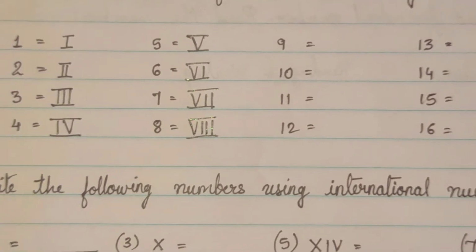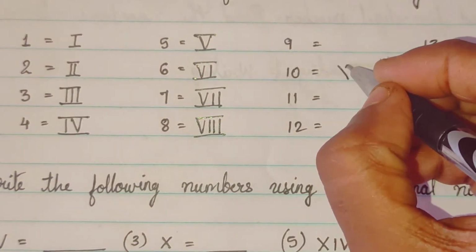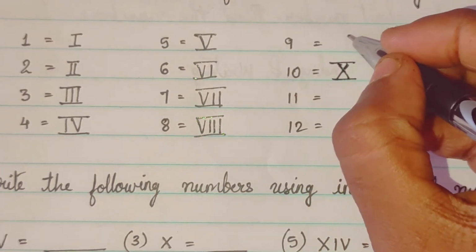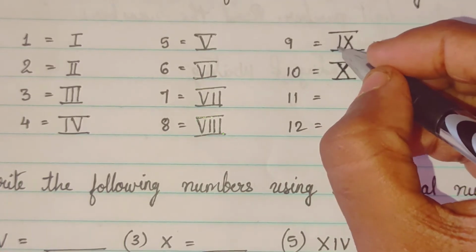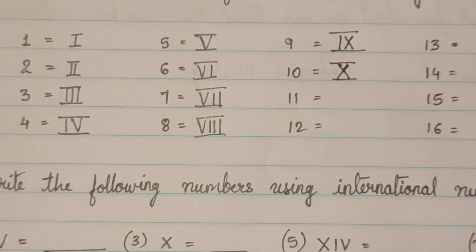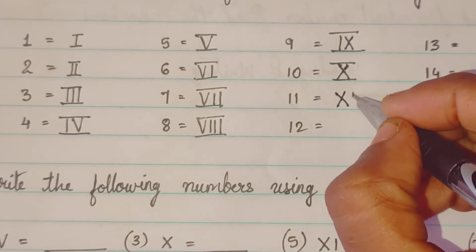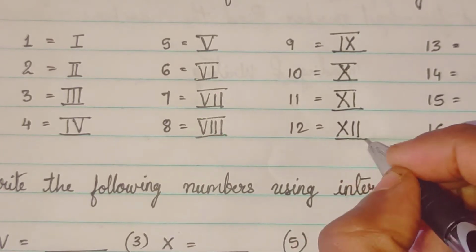Now 10. To write 10, we know we have this alphabet for 10. So 9, what will we write? 10 minus 1, 1 before 10. So that is 10 minus 1, 9. So 11: 10 plus 1, 11. 10 plus 2, 12.